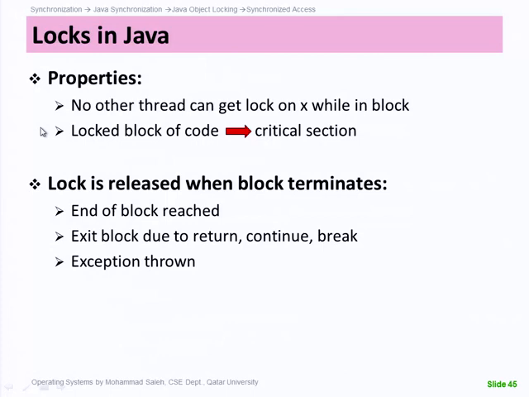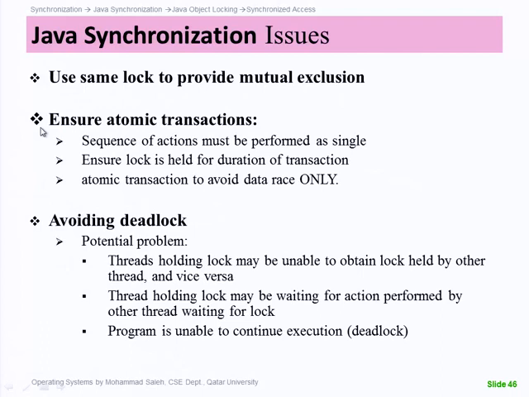Any one of these will result in releasing the lock, which means giving the opportunity for other threads to enter their synchronized block. So when using synchronized, we guarantee mutual exclusion.